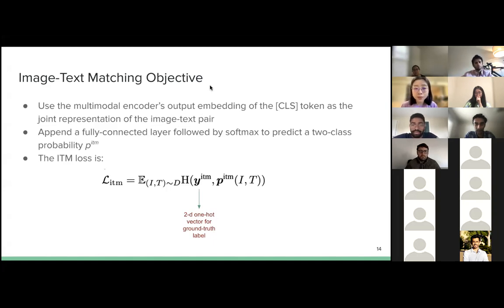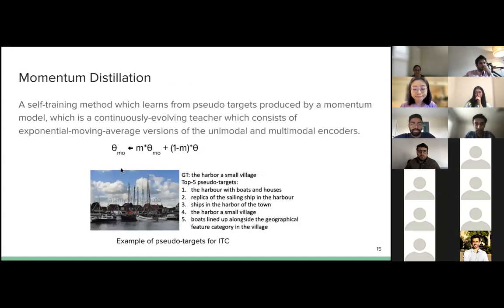Then we append a fully connected layer followed by a softmax to predict the two-class probability, p image-text matching. If it's a match, then it's a high probability, and if it doesn't match, it's low probability. So we can achieve this cross entropy loss, which gives us our image-text matching loss. And now we've finally gone through all three training objectives.